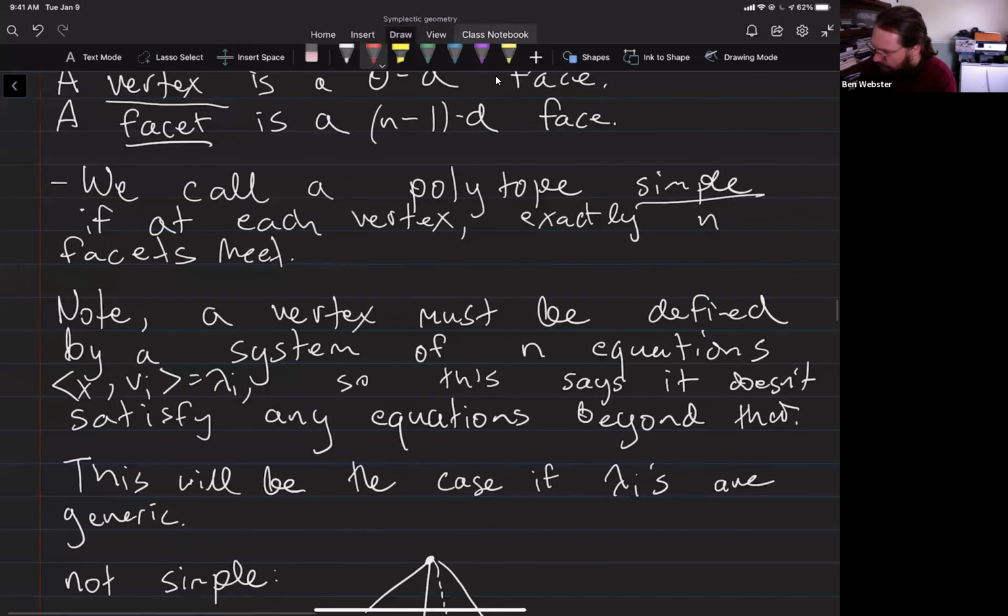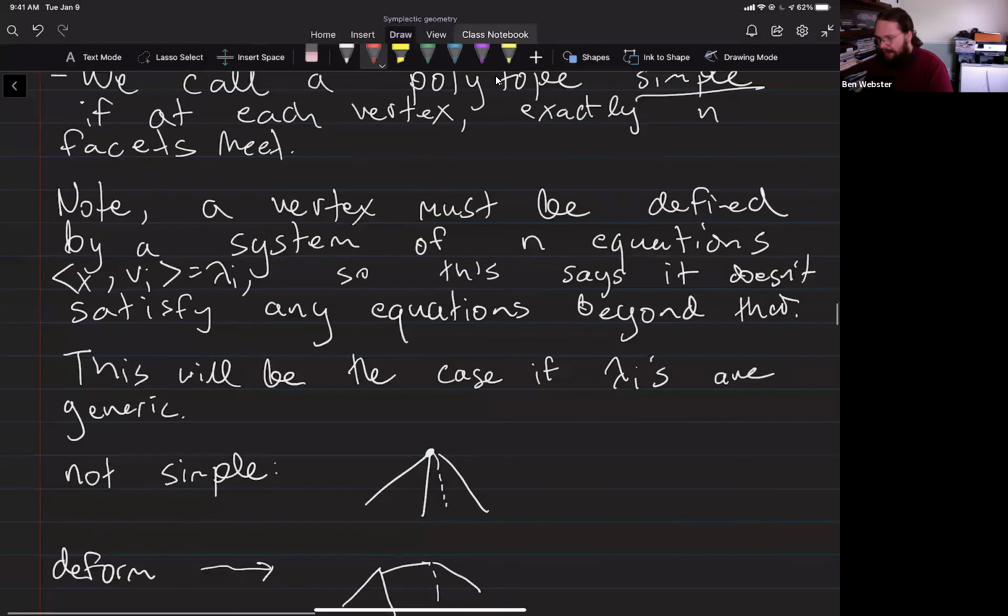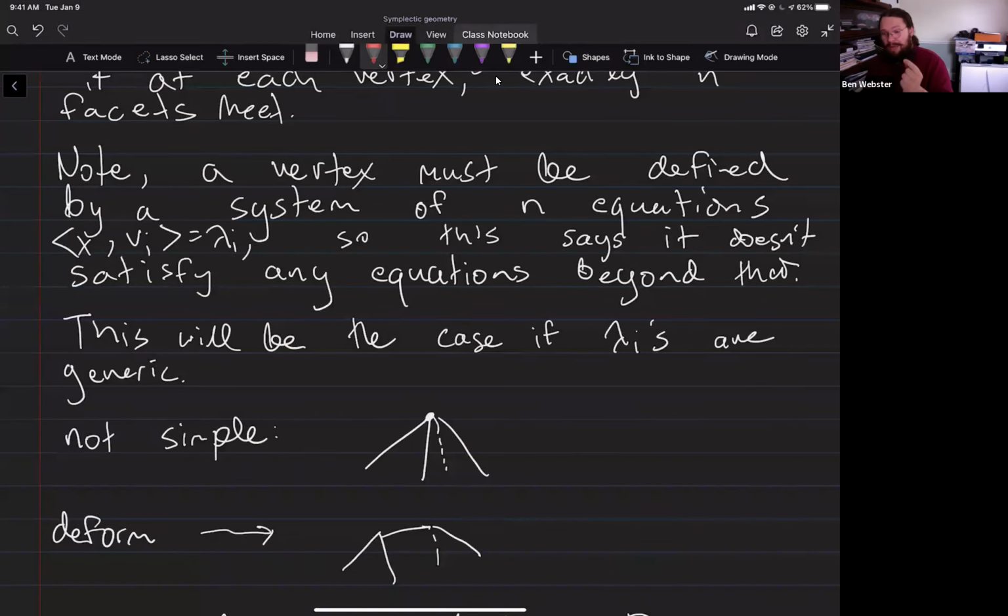One property we'll want from our polytopes is that they're simple. So that means at each vertex, there are exactly n facets needed. Note here, a vertex, since it's zero-dimensional, has to be defined by at least n equations. And this says, well, there aren't any equations beyond the n.